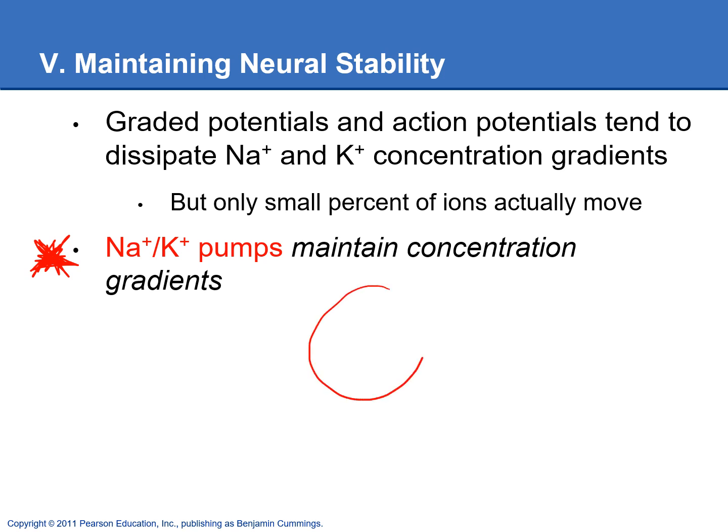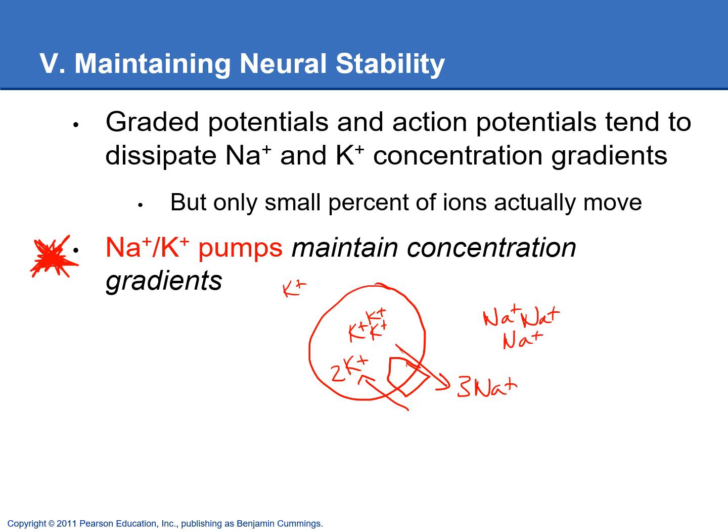So remember that the sodium potassium pump is going to be pumping the 3 sodium out of the cell and the 2 potassium into the cell. And that's what's going to keep the potassium high inside the cell, and it's also going to keep sodium high outside the cell and low inside.